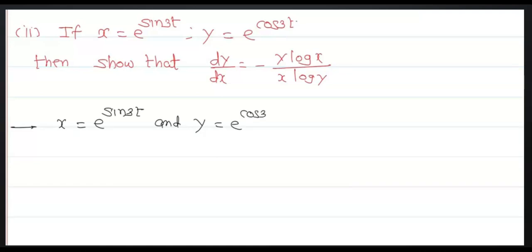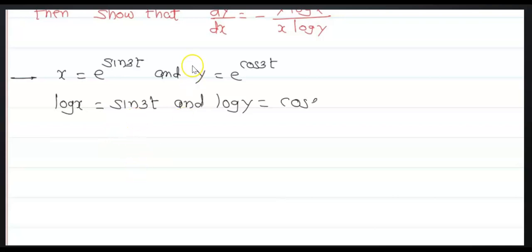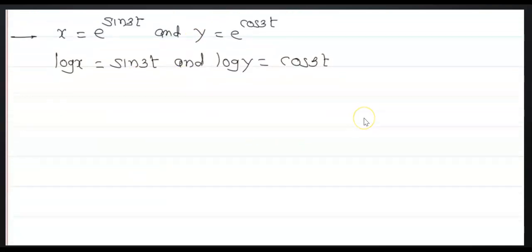Now x is equal to e raised to sine of 3t, y is equal to e raised to cos of 3t, log of x is equal to sine of 3t, log of y is equal to cos of 3t.